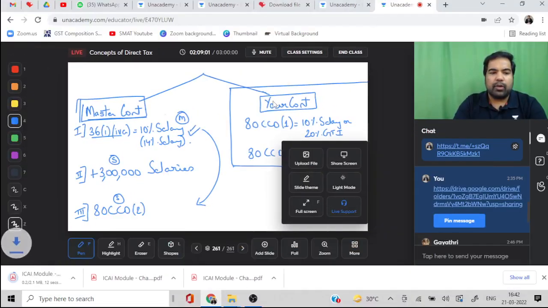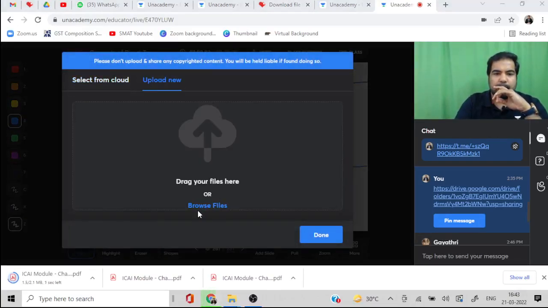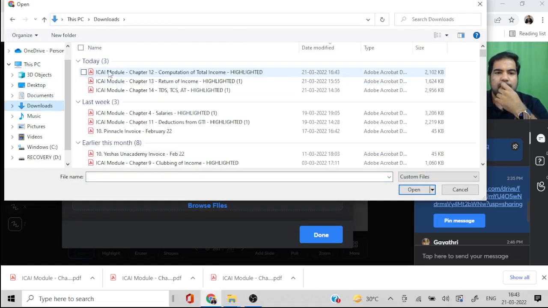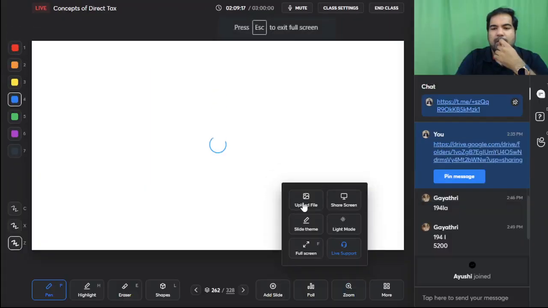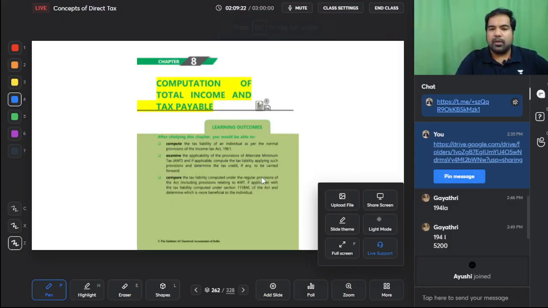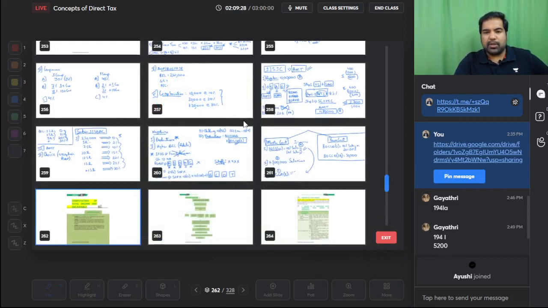Waiting for it to download, and then alright, so this is the chapter. Let's try and do as many sums as we can from this chapter, starting from the end, and we'll go backwards.